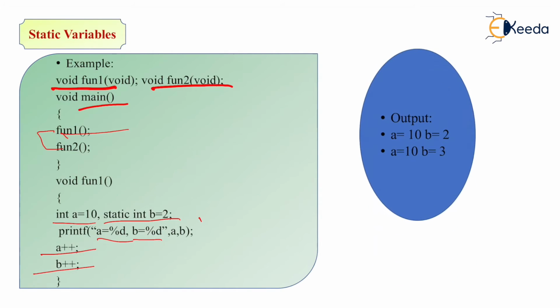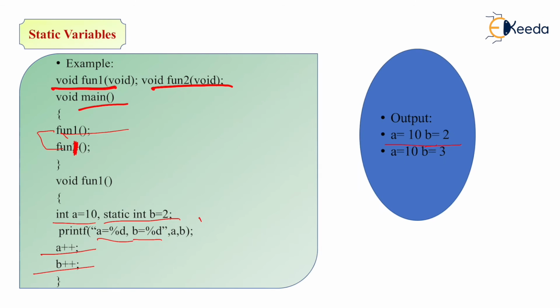Next, if we see the output, you will get the answer as a is equal to 10 and b is equal to 2 for the first function call. Consider this is also function 1. Now what happened? Once again function 1 will get called.